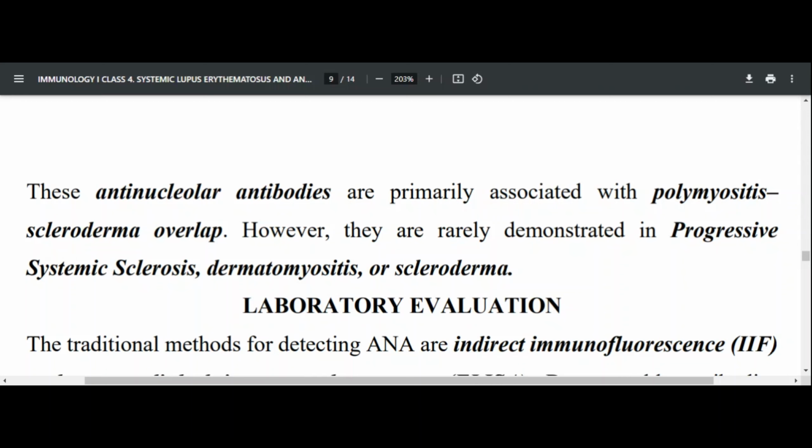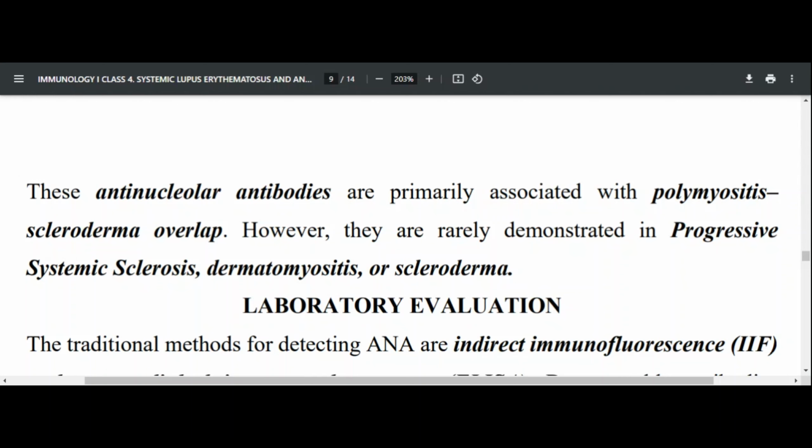So I will show you also how to interpret the nucleolar reaction when it comes to indirect immunofluorescence antinuclear antibody testing. All right. So let's close our discussion today here, because we also have laboratory evaluation techniques of antinuclear antibodies.